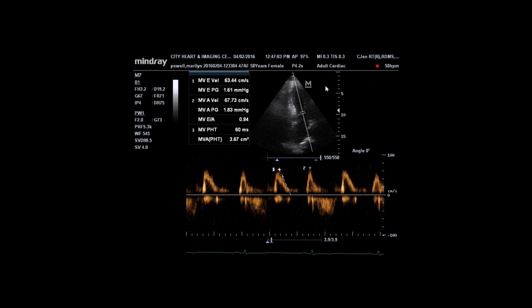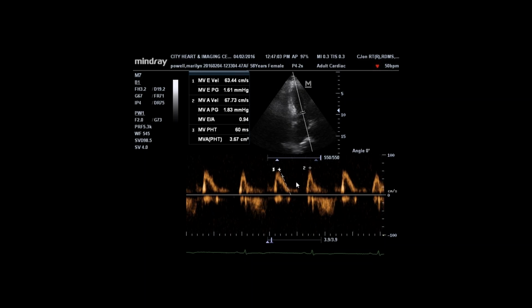All right. So this is our apical four-chamber view. Our cursor is right there, and at the tip of the mitral leaflet, this is our sample volume. This denotes our probe or transducer.